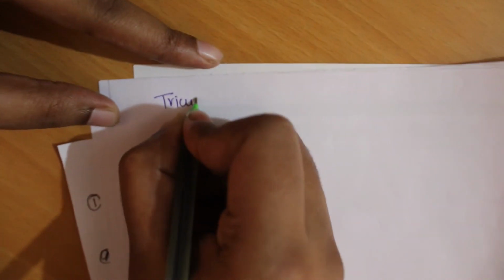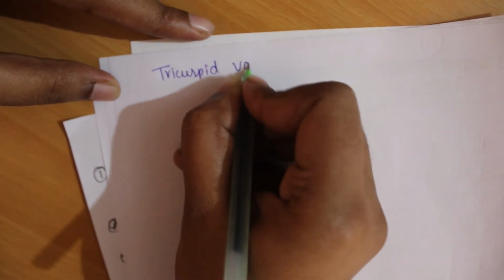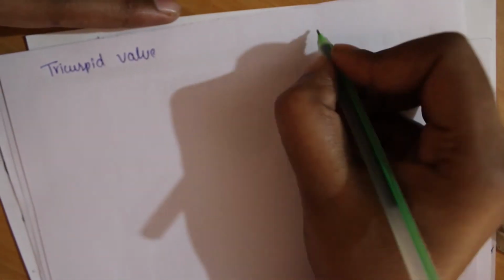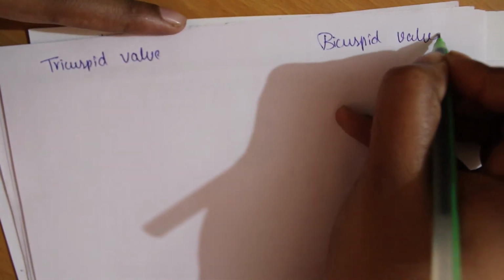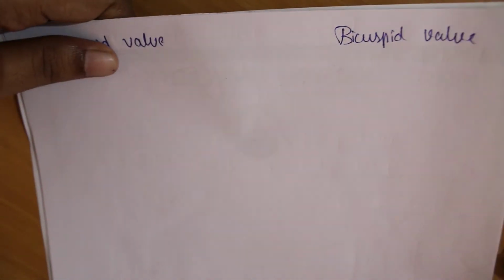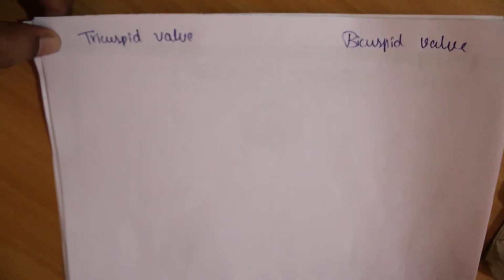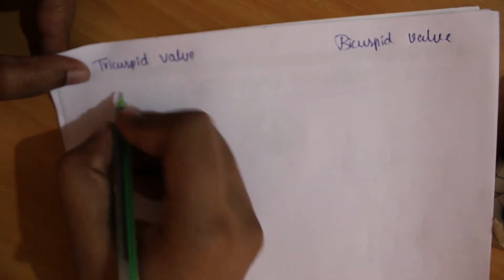The first one is the tricuspid valve, and the second is the bicuspid valve. I already explained them in the structure of the heart, but I am including them here in the parts also, because these are the main functions.